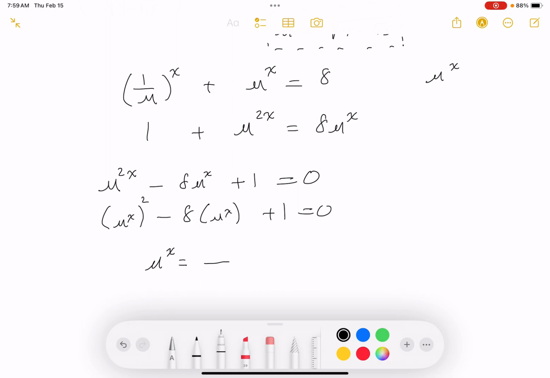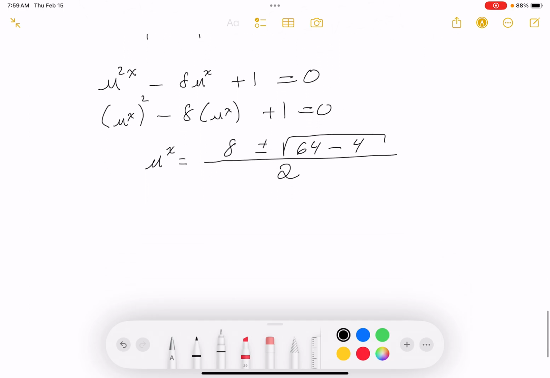Equals, gotta be careful here, the opposite of the coefficient on the linear term, which would be 8, plus or minus the square root of, all right, I got to be careful, this is radicand stuff, the coefficient on the linear term, which is minus 8, squared, which is 64, minus 4 times the coefficient on the square term, which is 1, times the constant term, which is 1. So just 4, all over twice the coefficient of the square term, which would just be 2.